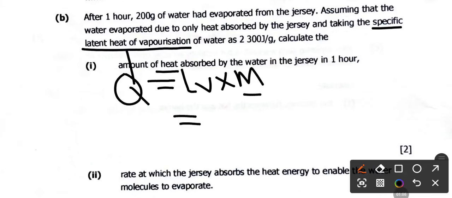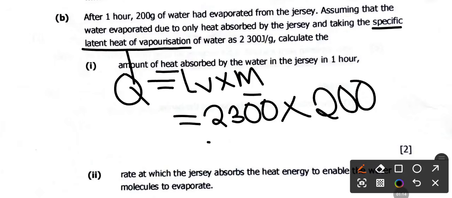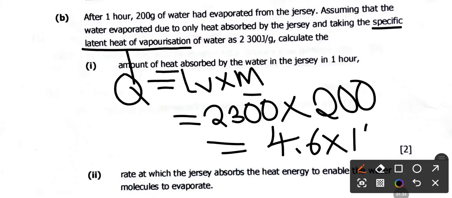So if we substitute, we'll have 2300 multiplied by m, which is 200 grams here. Since all the units are the same, all of them are in grams, there's no need of converting them to kg. So here we just go directly. So I'm getting a value of 4.6 times 10 to the power 5 joules.